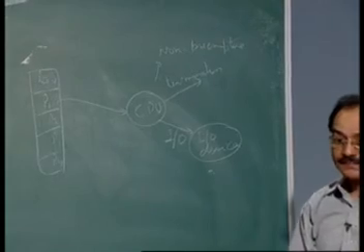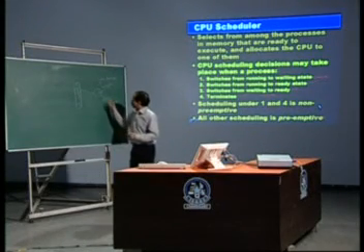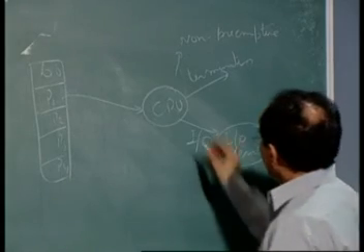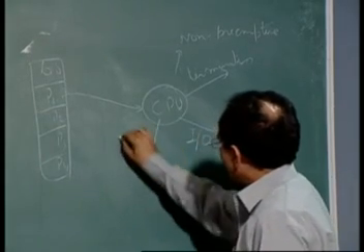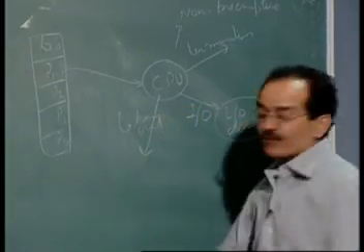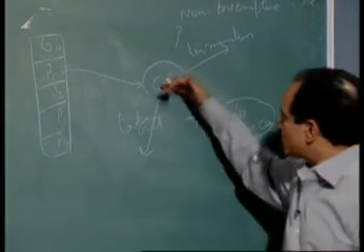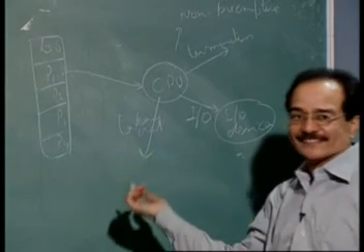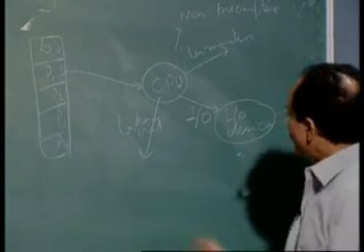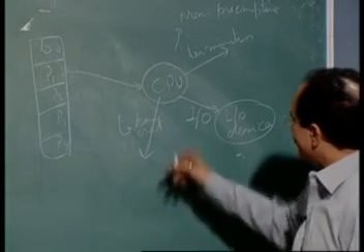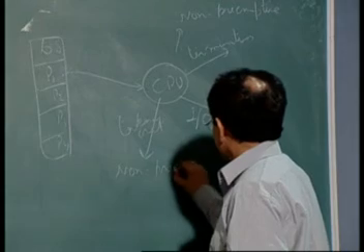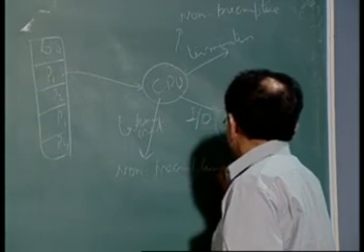We call this sort of taking out of jobs from the CPU non-preemptive. Now, another case: let us say this job was on the CPU, but it has been taken out of the CPU due to some interrupt or some reason. Maybe we will go through it in detail.